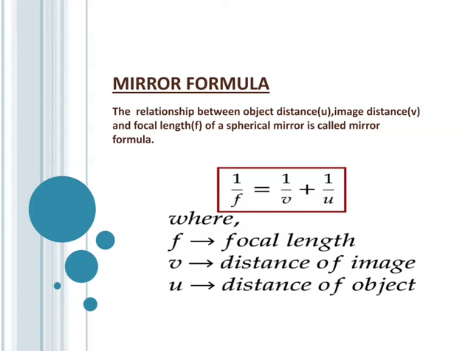So what is mirror formula? 1 by f is equal to 1 by v plus 1 by u, where f denotes focal length of the mirror, v denotes distance of the image, and u indicates distance of the object, that is object distance.